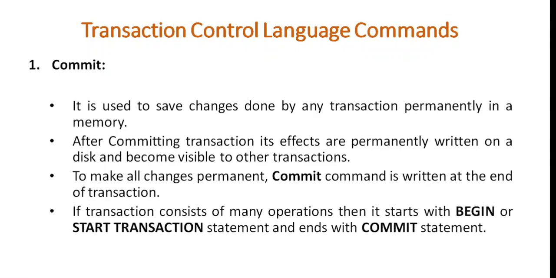When we write a transaction consisting of a series of instructions, it starts with either the begin keyword or the start transaction keyword, and it ends with a commit statement. Within start transaction and commit, we write all our instructions.